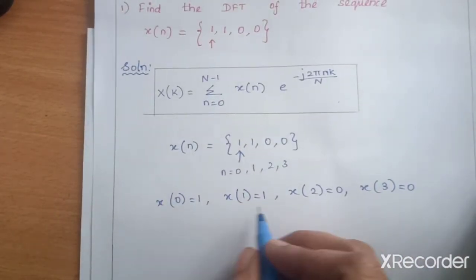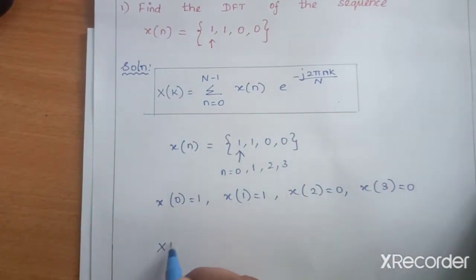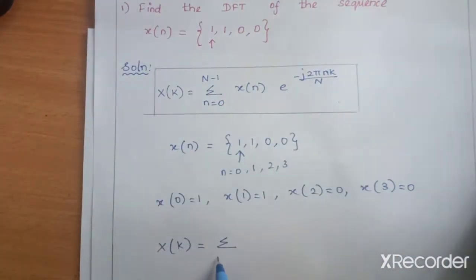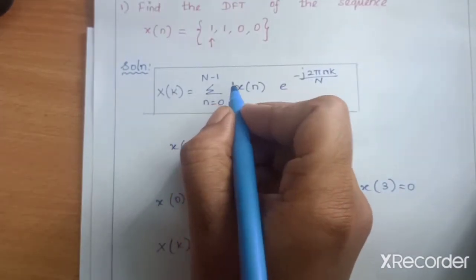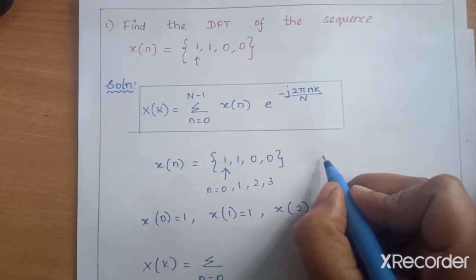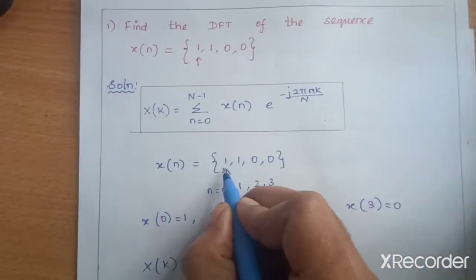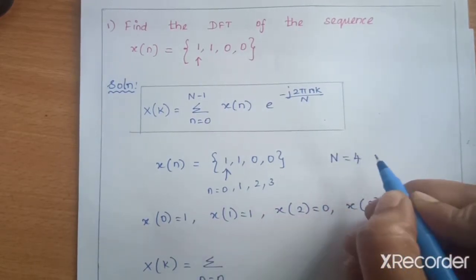So next you have to substitute the values in the formula. X of k is equal to summation of n is equal to 0 to N minus 1. N is the total number of samples. So here the total number of samples is 4, so the value of N will be 4.